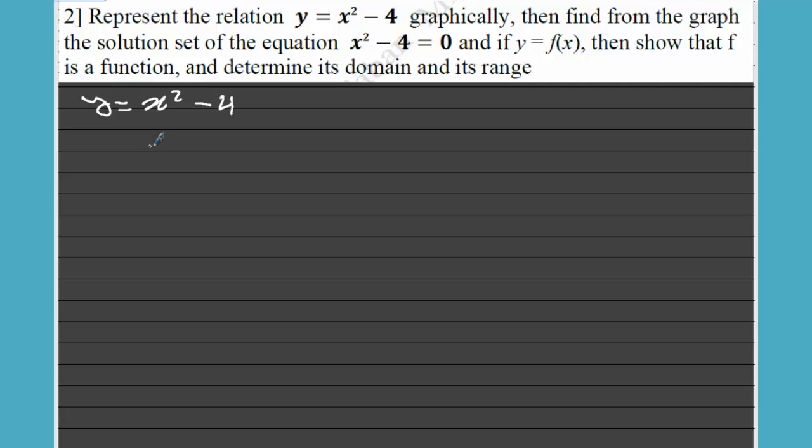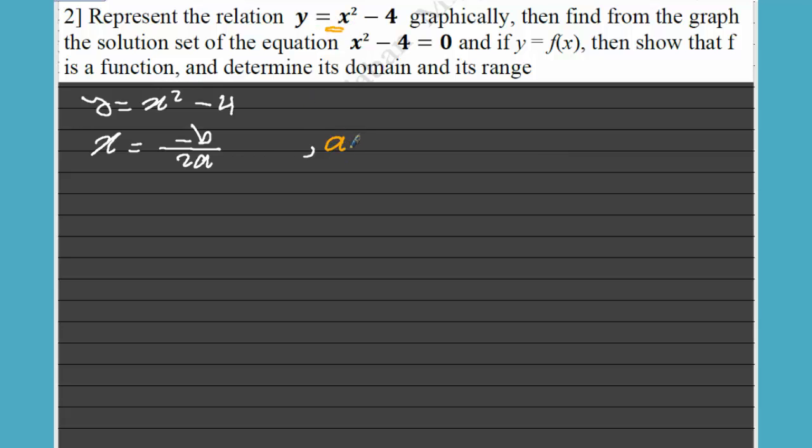Now we have y equals x squared minus 4. Also we will start from the vertex. We will calculate the x coordinate of the vertex, which equals negative b over 2a. In this equation, what is the coefficient of x squared?